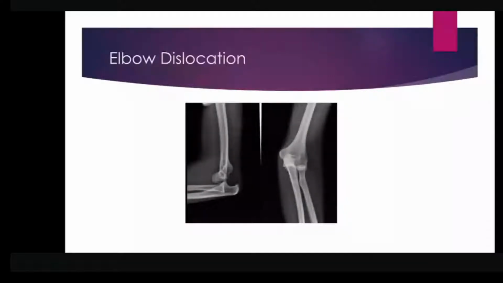So the common mnemonic is CRITOE, C-R-I-T-O-E. C for capitellum, R for radial head, I for inward, that is your medial epicondyle, T for trochlea, O for outward, that is your lateral epicondyle, and O for your olecranon process.